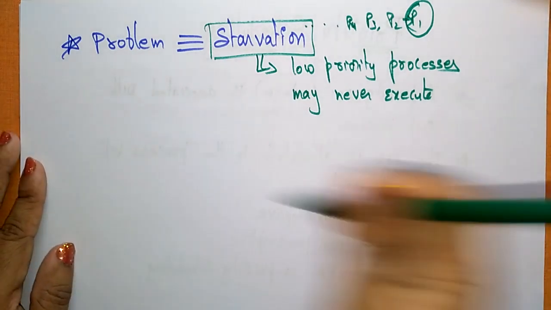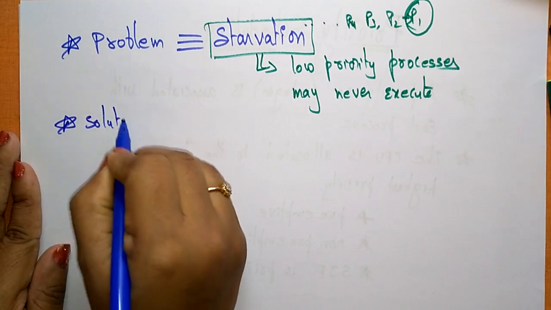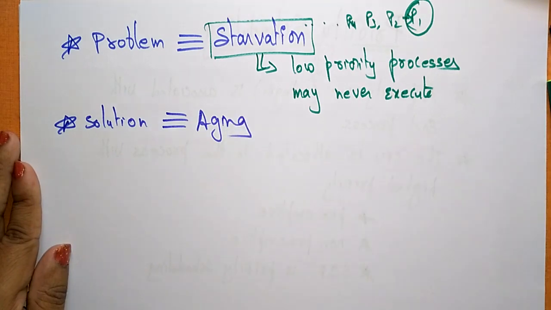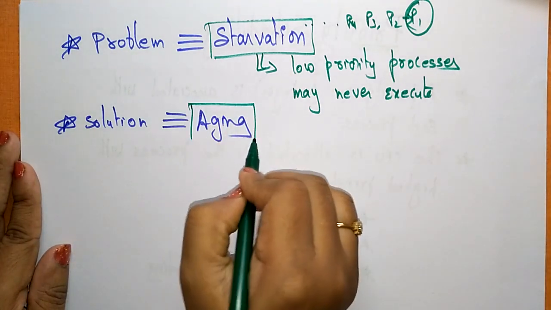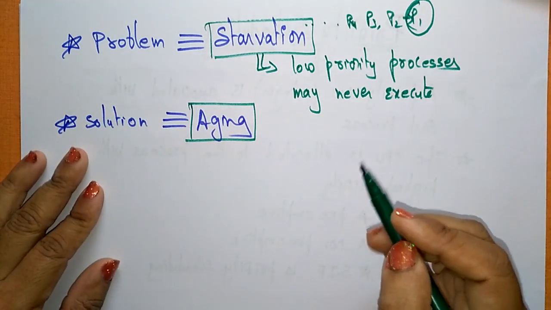You can have a solution for this problem also. The solution for this problem is aging. What do we mean by aging? How will aging overcome the starvation problem?